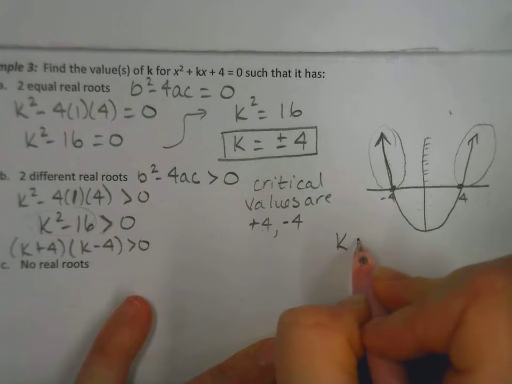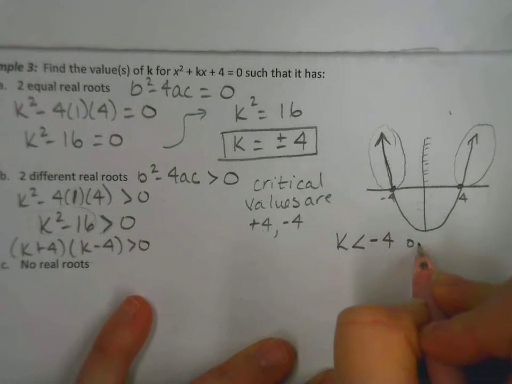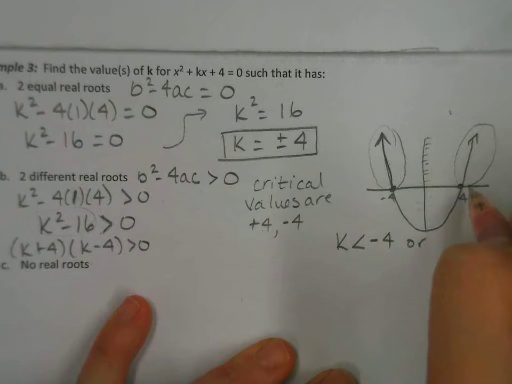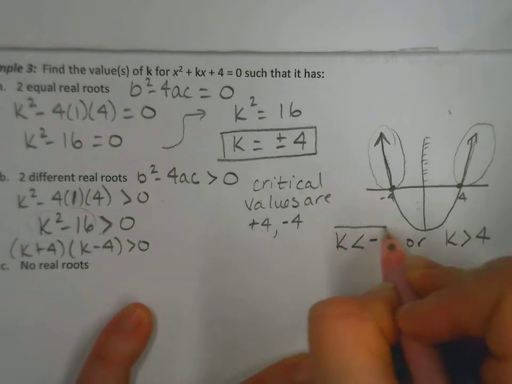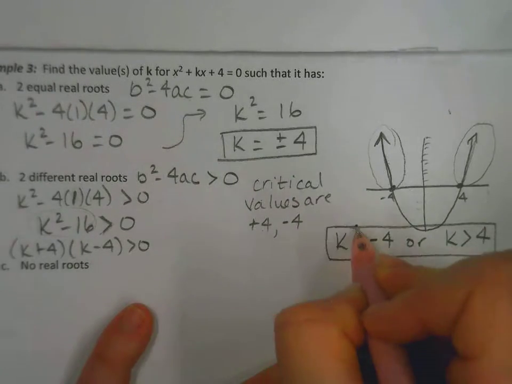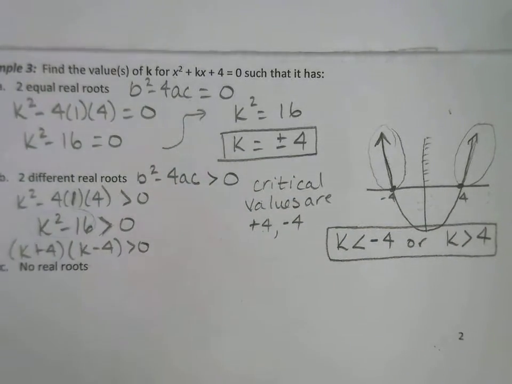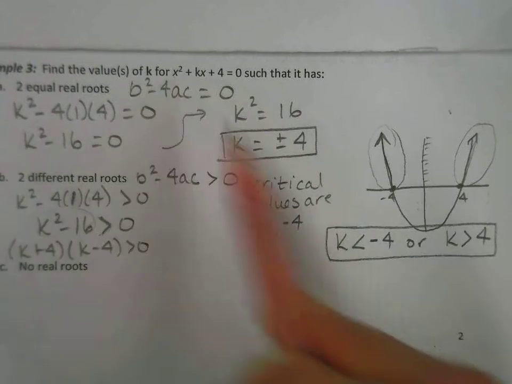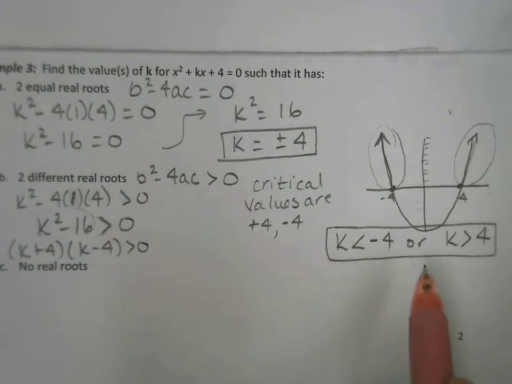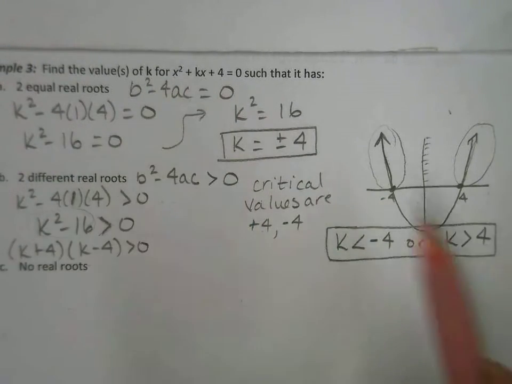So my k value would have to be smaller than negative 4. Or this branch tells me that my x values are getting bigger than 4. And that would be your solutions for k. So in order to have two different real roots, the k value in your equation has to be a number smaller than negative 4, or a number bigger than a positive 4.